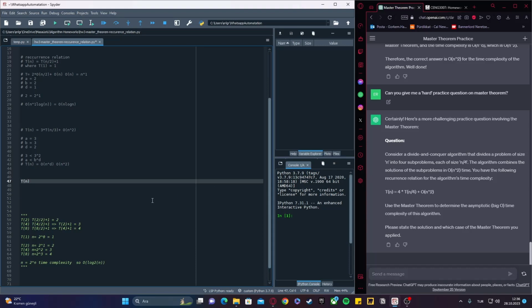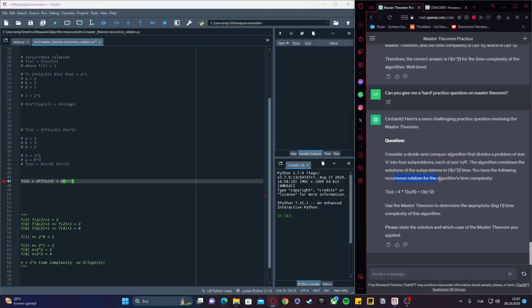Let's start to write it here. T(n) equals 4T(n/4) plus, with 4 subproblems, so it must be 4, plus big O of n to the power 2.